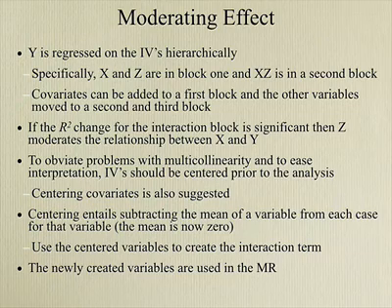Centering simply means we subtract the mean of the variable from each case for that variable. So it's somebody's score on a particular independent variable minus the mean for that independent variable for the whole group.